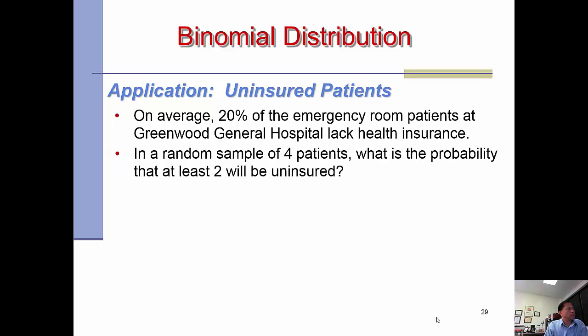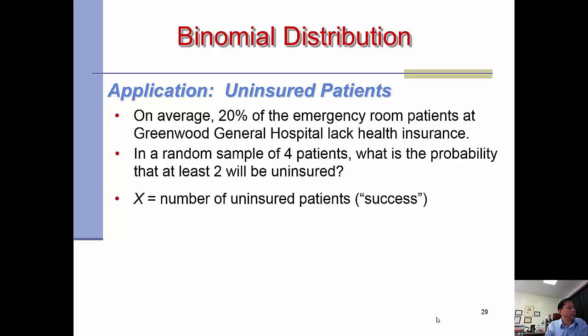Let's look at another example here. On average, 20% of emergency room patients at the Greenwood General Hospital lack health insurance. They don't have health insurance. Of course, this is before Obamacare was in place. In a random sample of 4 patients, what is the probability that at least 2 will be uninsured?